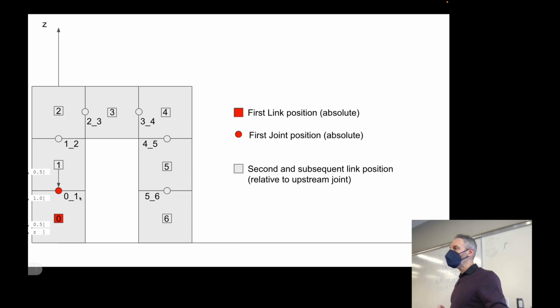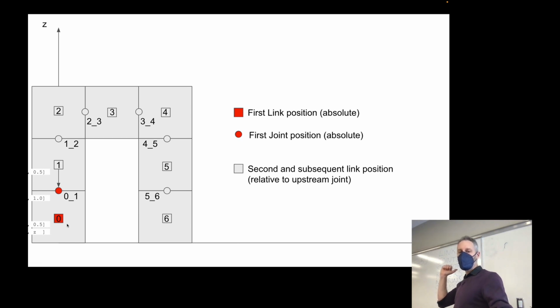Why are we switching from absolute to relative? For every link and joint that you add, if it has an upstream joint, you're going to use relative coordinates. What do I mean by an upstream joint? Let's have a look at link number 1 here. We are going to attempt to connect link 1 to 0 with a joint that is upstream.